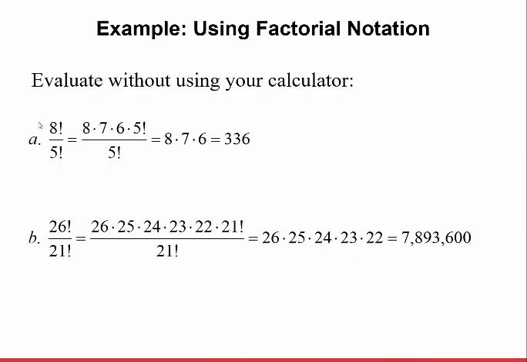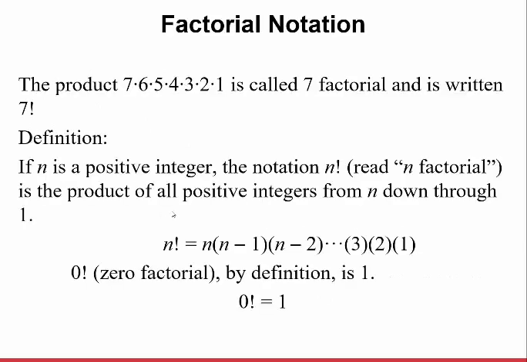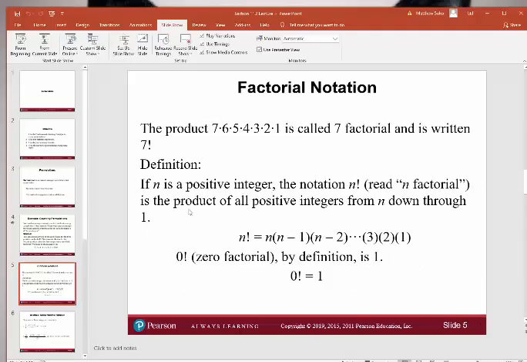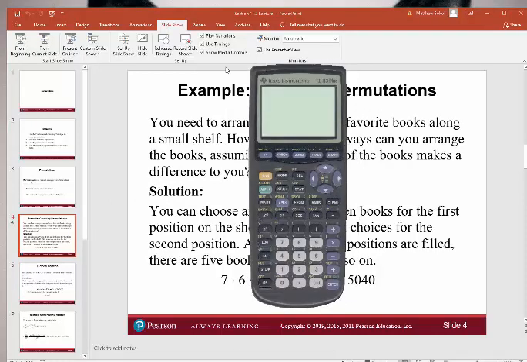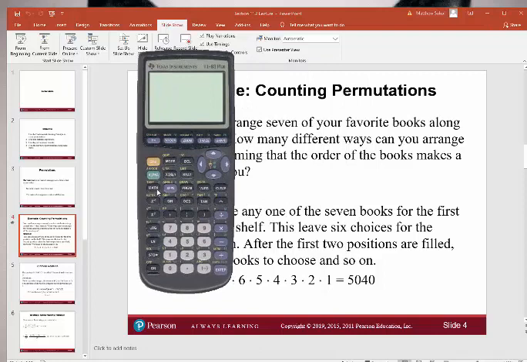All right, so before I show you these, let me show you how you can use your calculator real quickly to do this. So looking back, we know that 7 factorial is this number, 5,040. So if you grab your graphing calculator and you hit the math button, there are all these things, and then over in the top you'll see something called PRB.